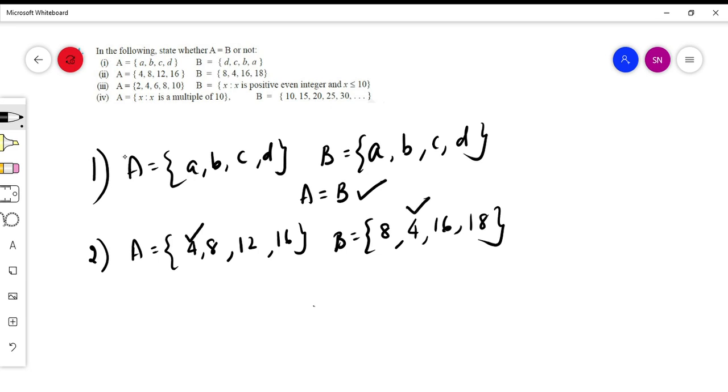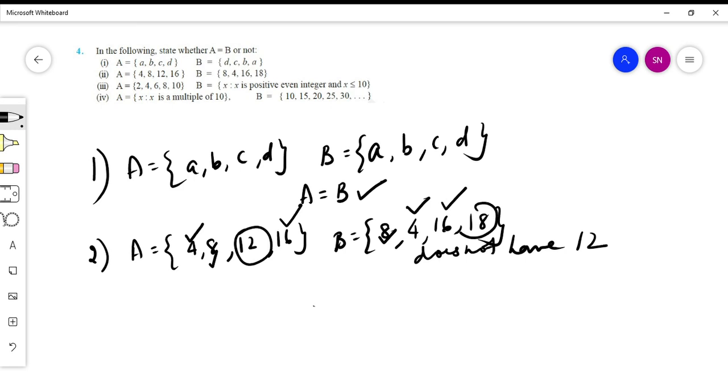Set A has 8, set B also has 8. Set A has 12, but B does not have 12. Similarly, set A has 16, B has 16, but 18 in B is not present in A. So the cardinality of set A and set B is 4 itself.